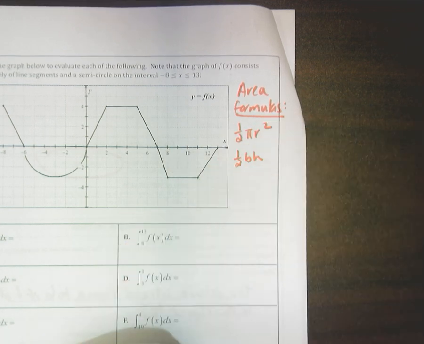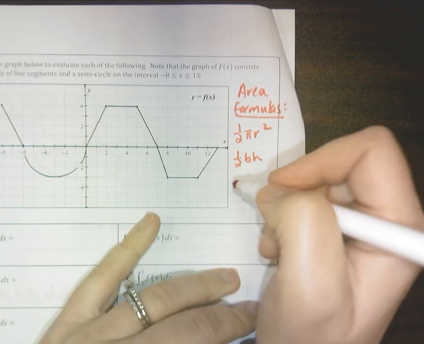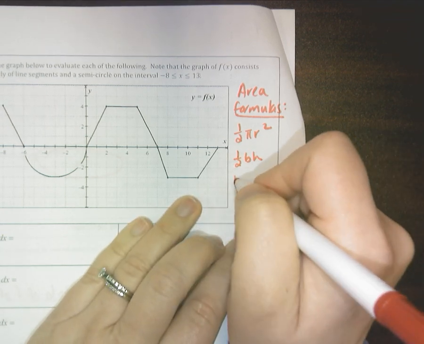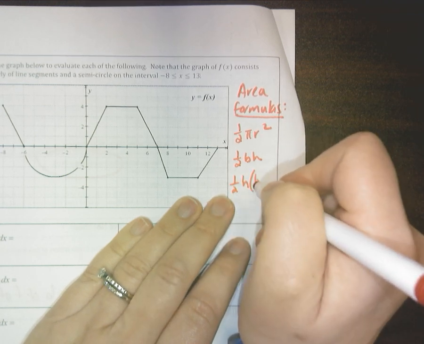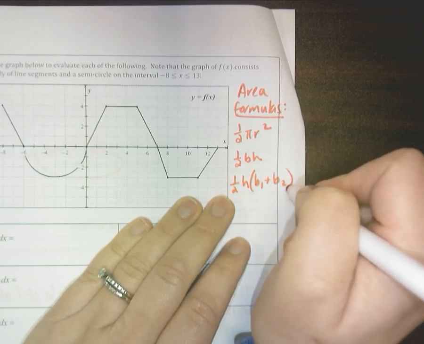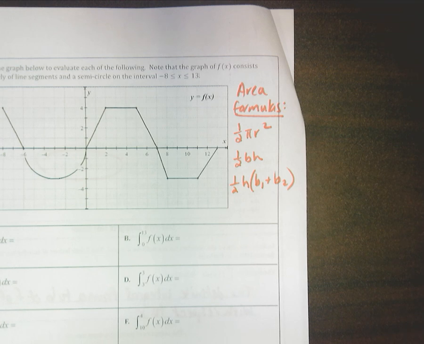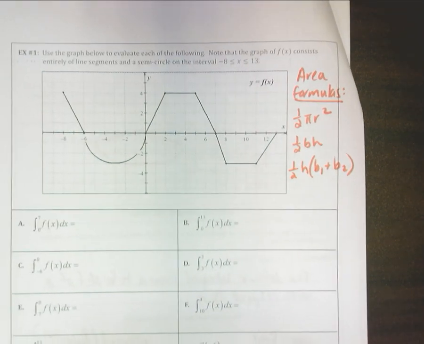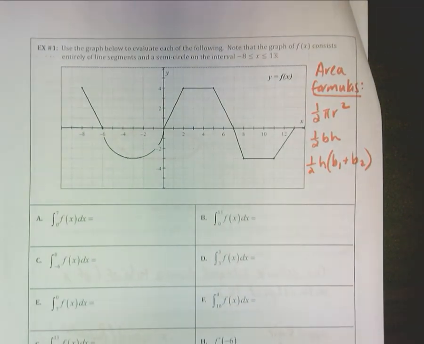And for a trapezoid, you can make it into two triangles and a rectangle, but honestly, you should know the trapezoid formula, which is half times height times base 1 plus base 2. Good old geometry. So let's try to answer some of these together.